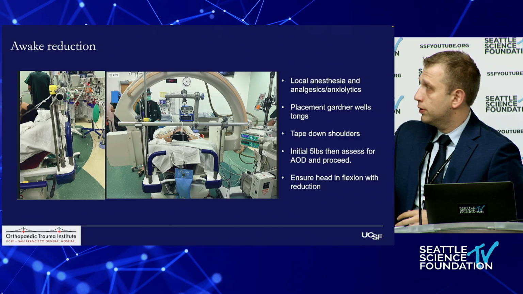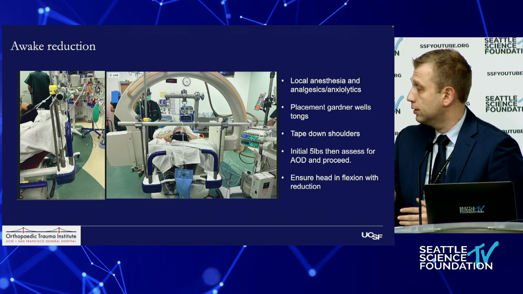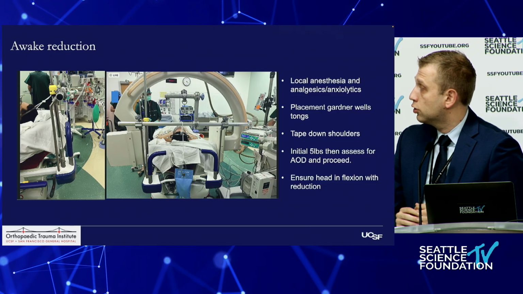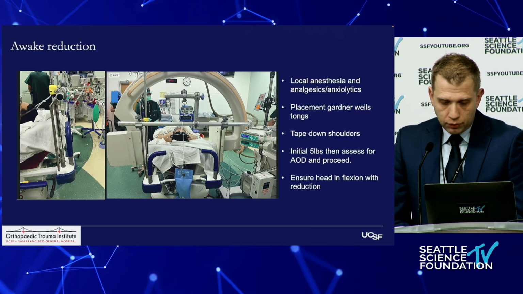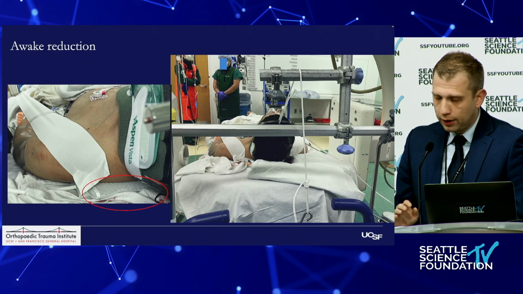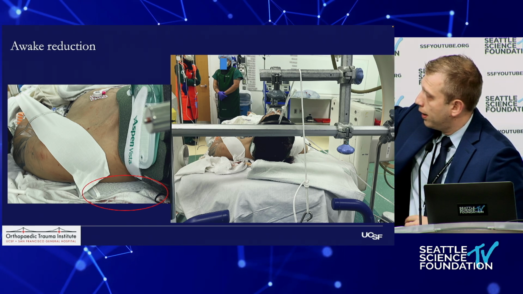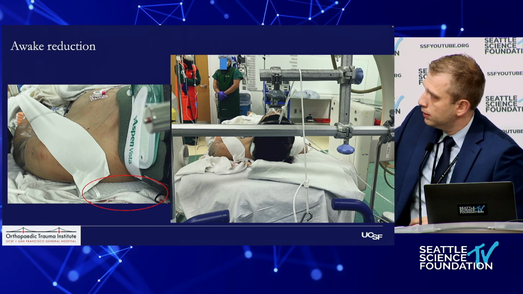I initially just put 5 pounds to assess for a hidden AOD, and then I proceed. Again, ensure that the head is in flexion when I do the reduction. And the two tricks I do to put in flexion is I put the bar elevated up to put a flexion moment.